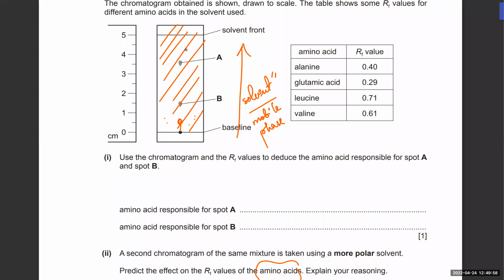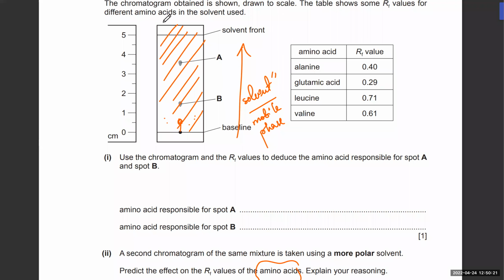There's going to be a lot of variation. Sorry, sir, you said something? No, I'm saying there's going to be a lot of variation in the question, because sometimes they'll say the substance is non-polar, sometimes they'll say it is polar. Sometimes they'll say the solvent is polar, sometimes non-polar. Sometimes they're going to talk about the stationary phase, that it's polar or non-polar.